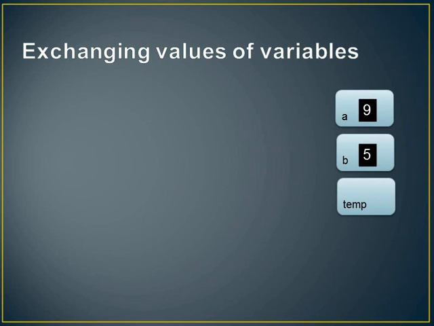First thing we would do is to shift the value of a into the temporary variable, right? And then move the value of b into a, and after that move the value of temp into b. So this way we have exchanged the values of a and b.